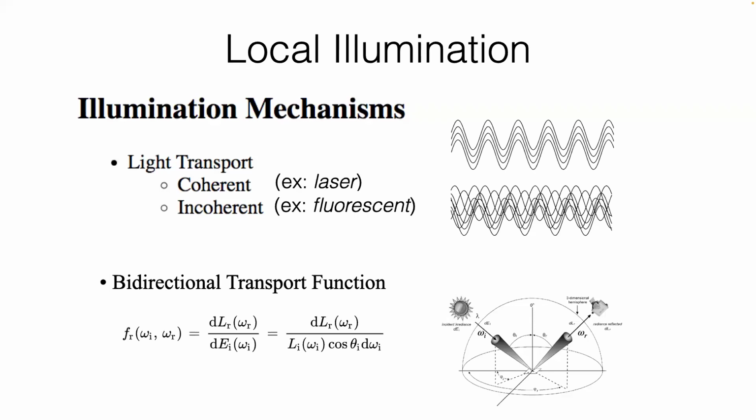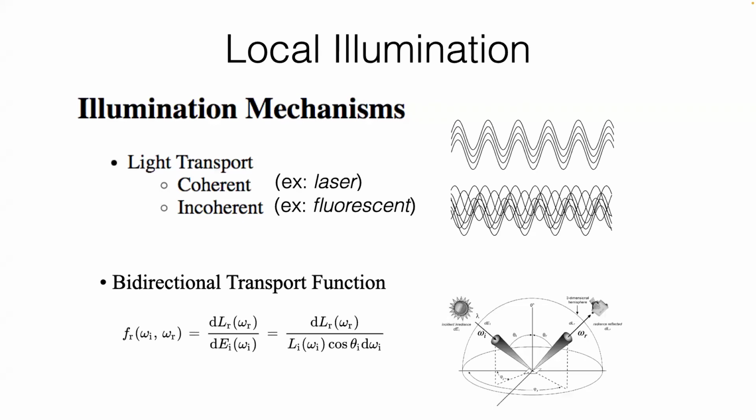To study local illumination, we are going to use something we already discussed in the course, the bidirectional transport function. It gives the ratio between the incoming light and the outgoing light, and this is studied in the hemisphere at each point of the surface.